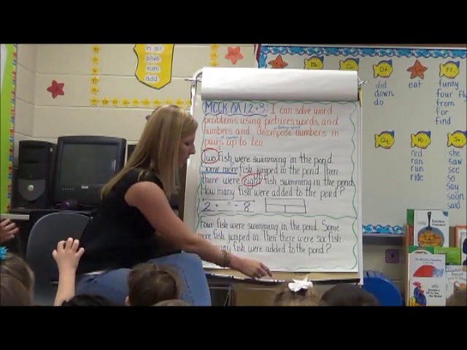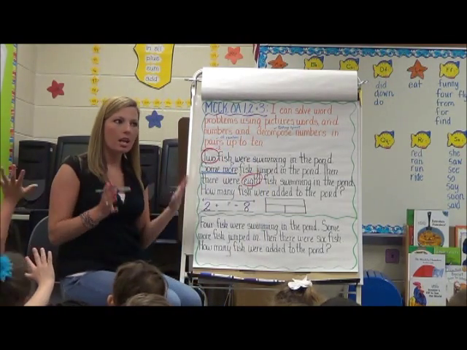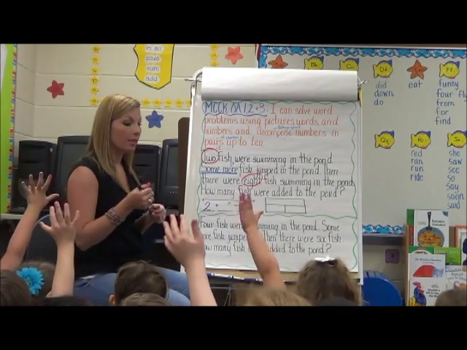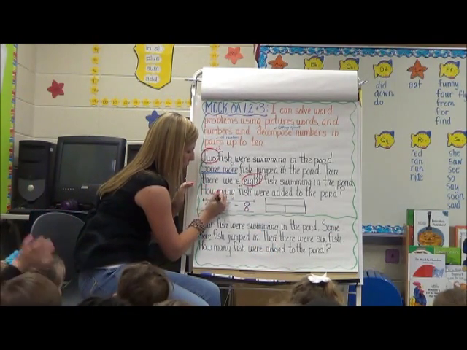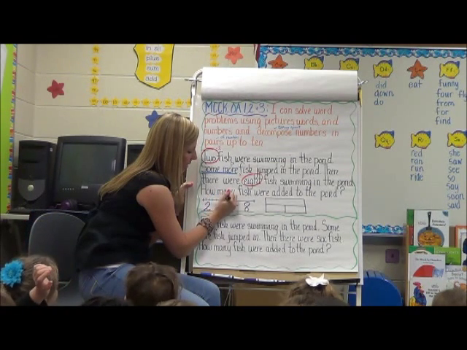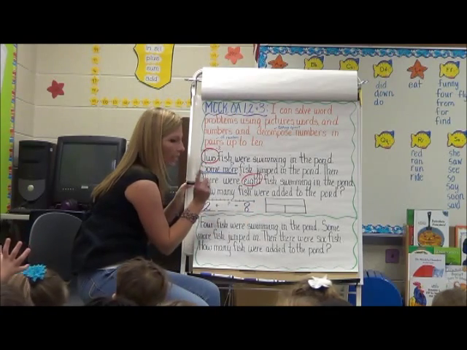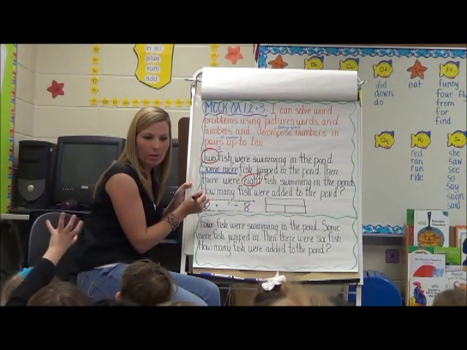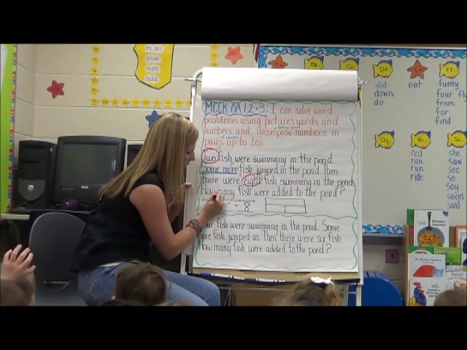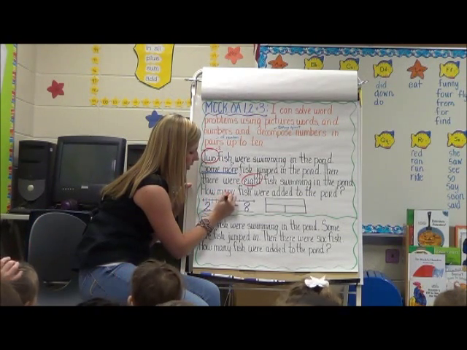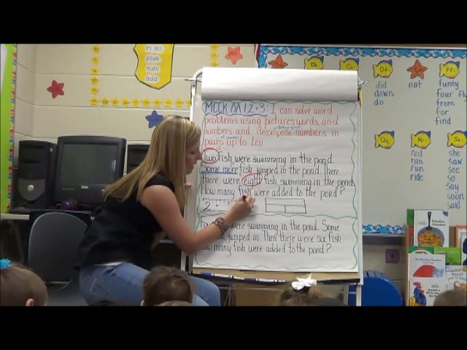So what is this called right here? The number line. How many lines do I need to make on a number line? Lainey? 11. Count with me. 1, 2, 3, 4, 5, 6, 7, 8, 9, 10, 11. Now I've got to number it. What number do I start with? 0. 0, 1, 2, 3, 4, 5, 6, 7, 8, 9, 10.